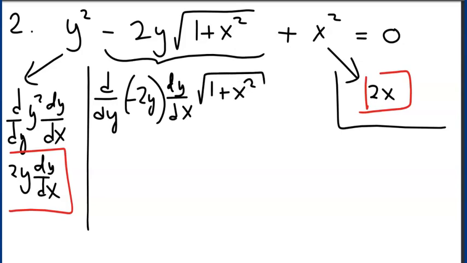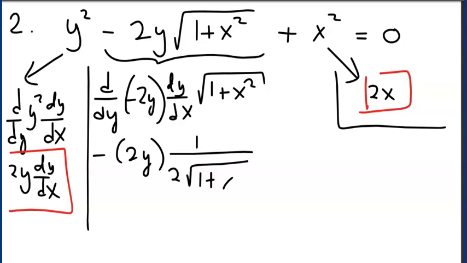We are using the product rule here. Then you write down the first term, which is minus 2y, and then you differentiate the square root of 1 plus x squared. That's going to give you 1 over 2 square root 1 plus x squared times 2x. So 2x is what you obtain by differentiating the argument of that square root.